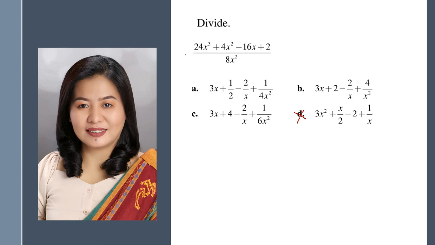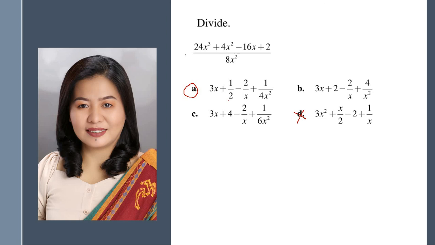Next, we are now having 3 choices. 4/8 is actually equal to 1/2. But we have x squared divided by x squared, so that will be eliminated. Letter A has the only term with 1/2, so we will also check the third term to see if it really gives us our answer. 16 divided by 8 is 2, and x over x squared is over x.